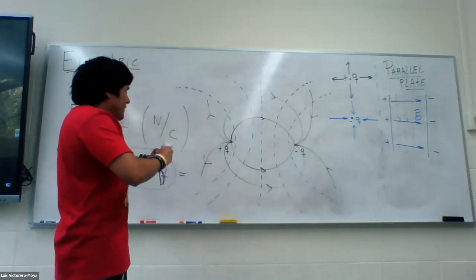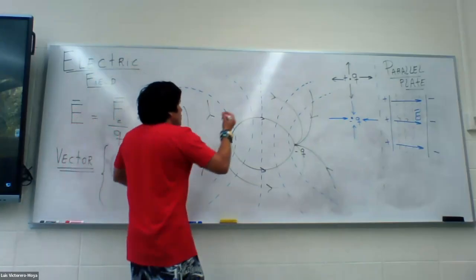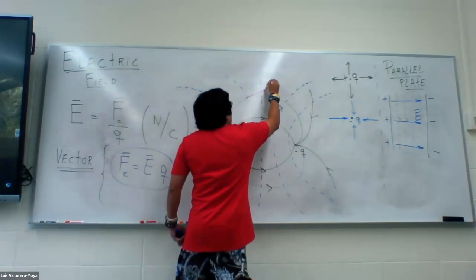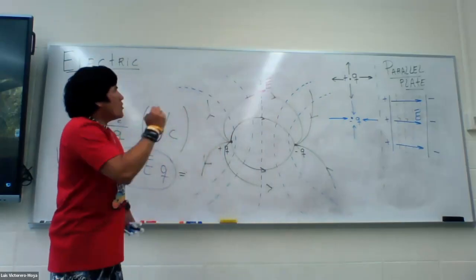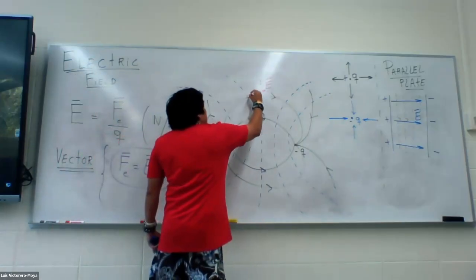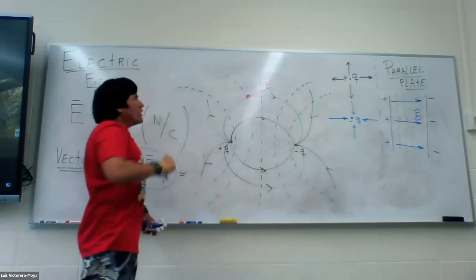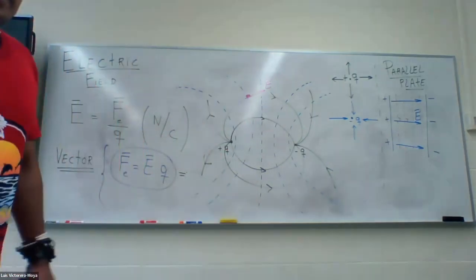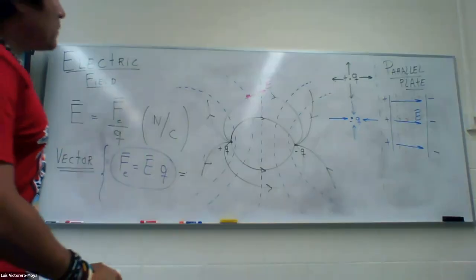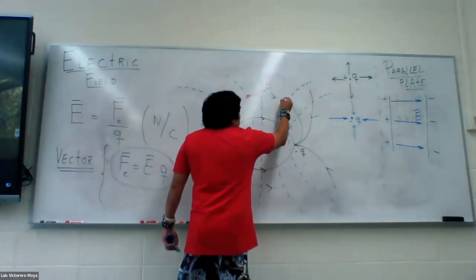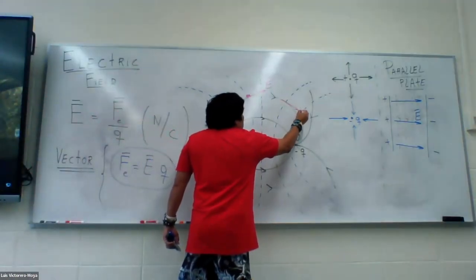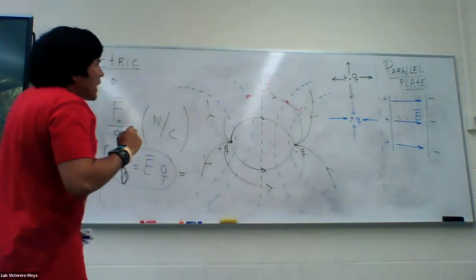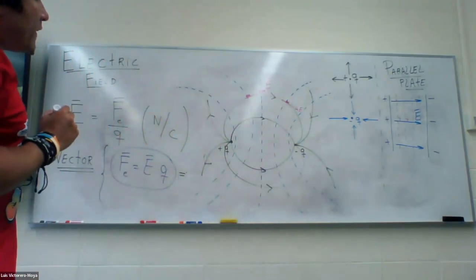And that if I draw a tangent line here, this tangent is the direction of the field, which makes a perfect 90-degree angle with an equipotential surface. I don't know if you can see there. Yes, you can. You see that? The same here, right? So that is how we investigate electric field lines.